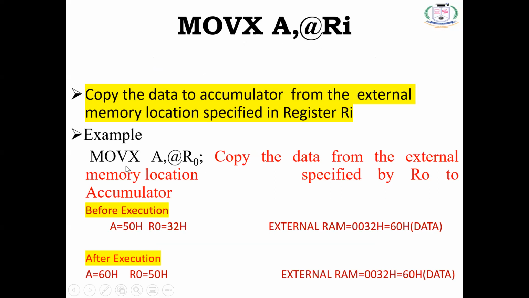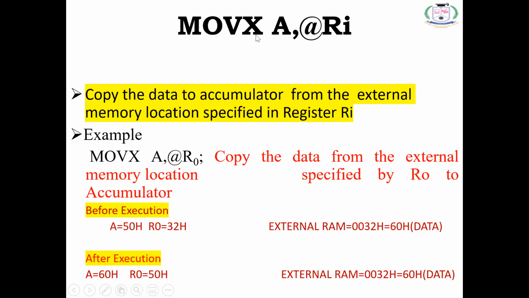Always understand, please listen. @Ri, @R0. What is the value of R0? 32. So at 32, it will go to the external data memory. In external data memory, we all know 64 KB will be there. So @R0 means at 0032, what is the data? 60. That data will move to the accumulator. So my accumulator content is 60.